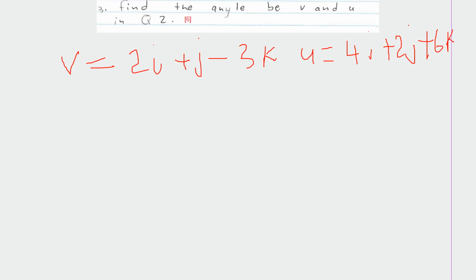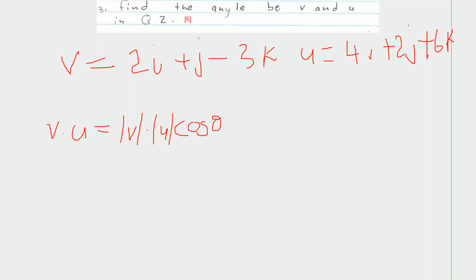Okay. So now they say we must do what? We must find the angle between vector v and vector u. So every time they say you must find the angle between two vectors, know that you're going to use a scalar product equation. So the scalar product of v and u is equal to the magnitude of v multiplied by the magnitude of u times cos of theta. Theta will be the angle between the vectors.